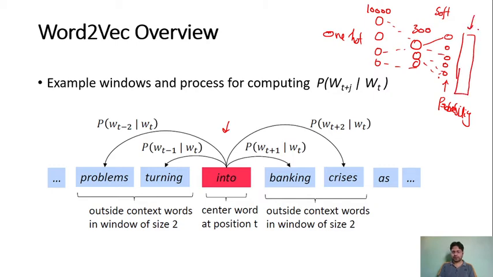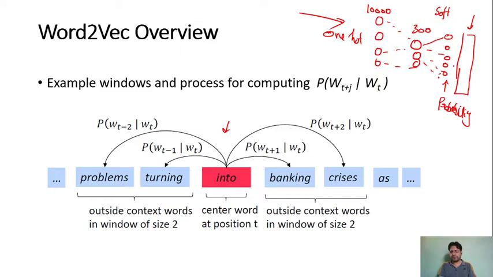This one hot vector is what we are trying to find, "into". So problem, turning, banking and crisis go as input, and we are trying to produce "into" as the output. Initially, while the network is not trained, it may produce some other word, but with the help of error correction, as we have seen in the previous module, we are able to get the probability of "into" here.